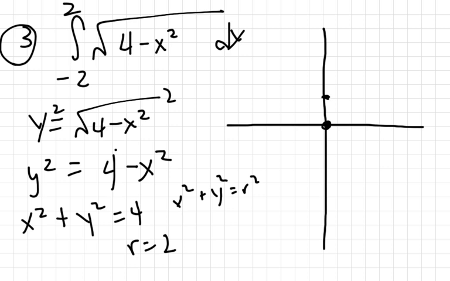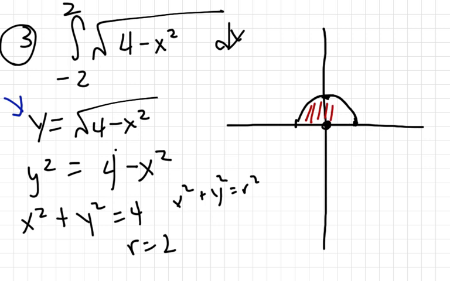Now the only thing about this is when we started up here, this was only the positive root. So we're actually not talking about the whole circle. We're talking about a half circle, the upper half of that circle. So this is a semicircle. If it had been the positive or negative square root, it would have included the bottom. But this is just the positive portion.